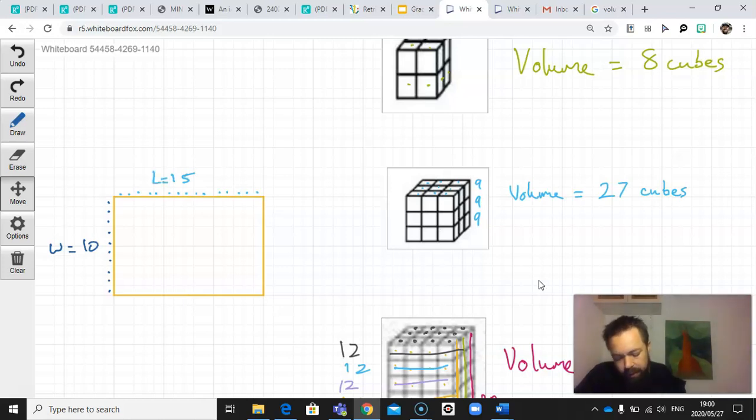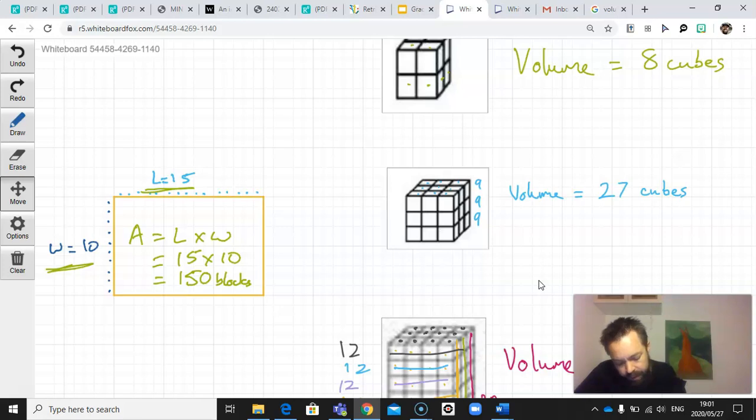And when we wanted to work out the area, what we did was we times the one by the other. So the area was equal to the length times the width. So 15 times 10. And the area was 150 squares or blocks. All right, so we had one measurement times by the other measurement.